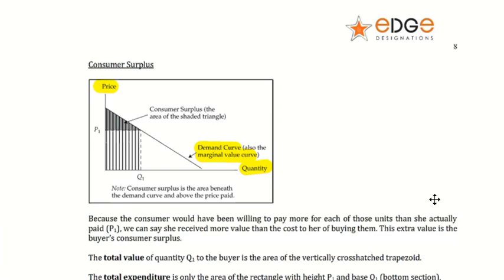The consumer surplus is the area beneath the demand curve, above what we call the price that he actually paid. If P1 is what he paid, he'll get quantity Q1, and this additional amount over there is what we consider the consumer surplus.